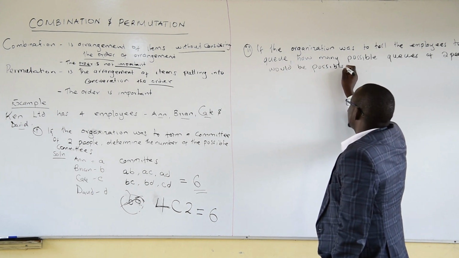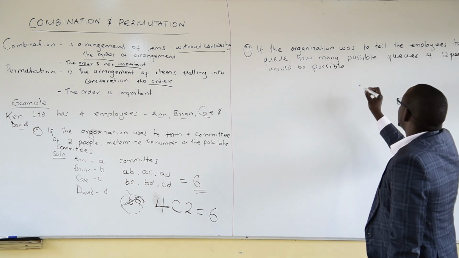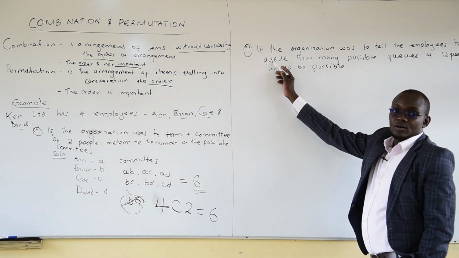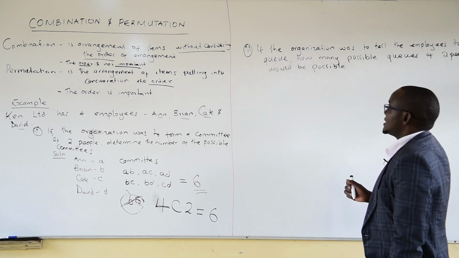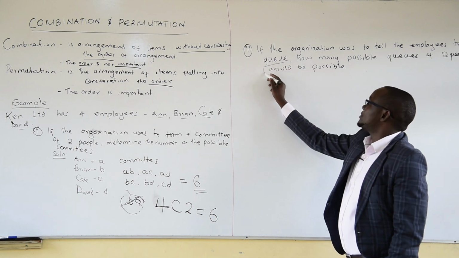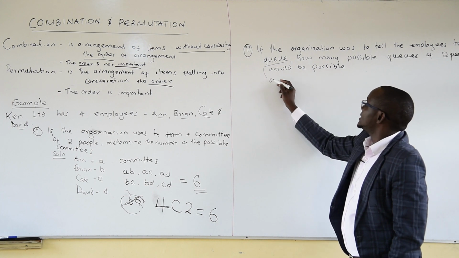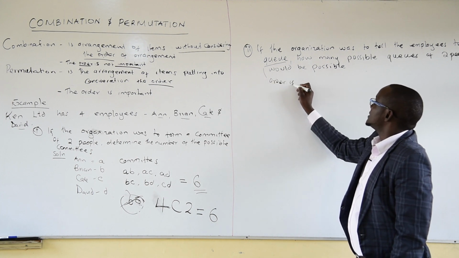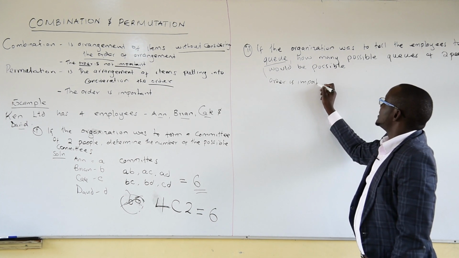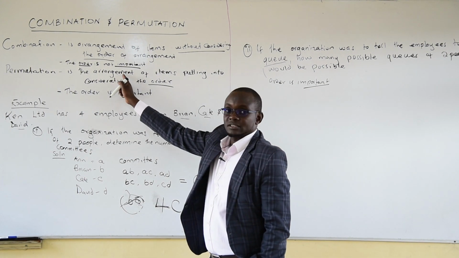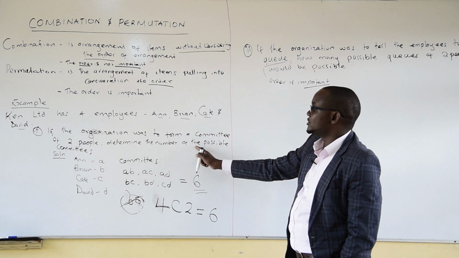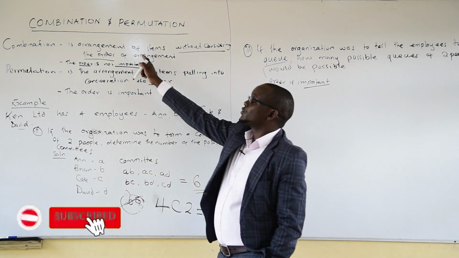So in this case, when they are queuing, it means the order is important. So in this case, we shall now go to permutations. When the order is not important, we go to combination.